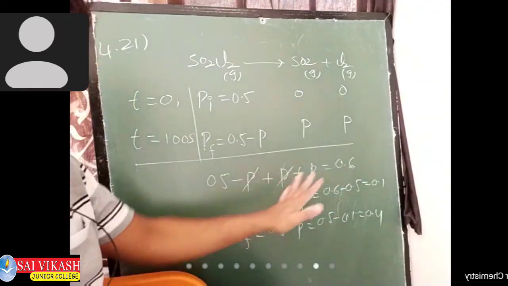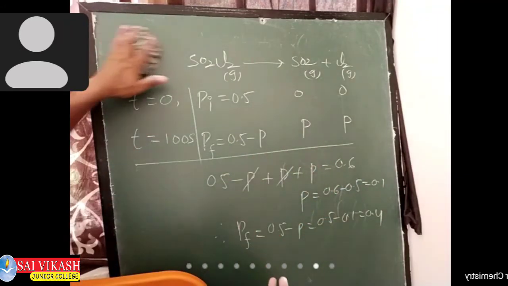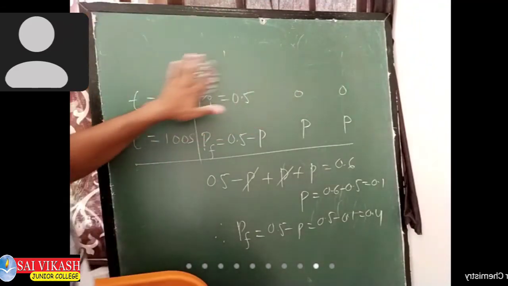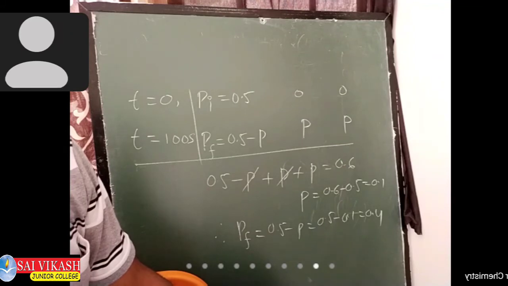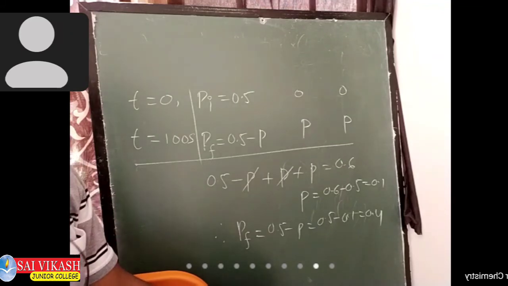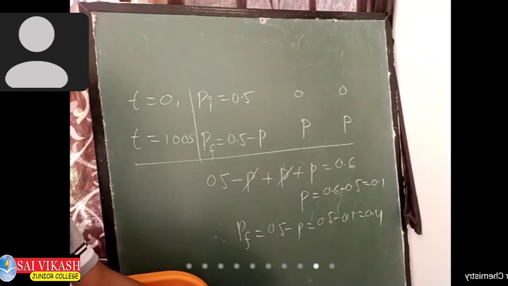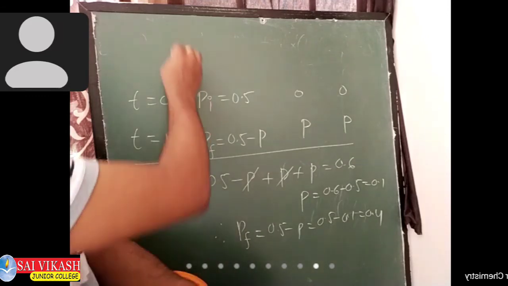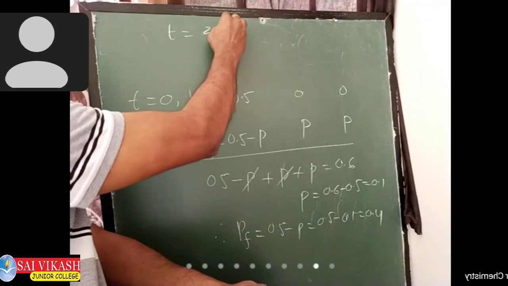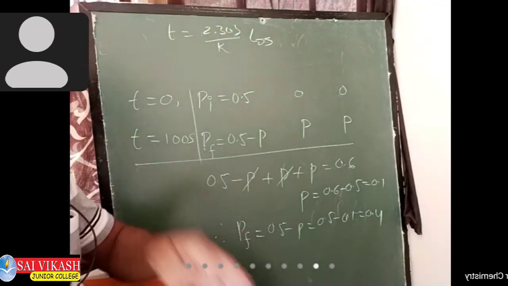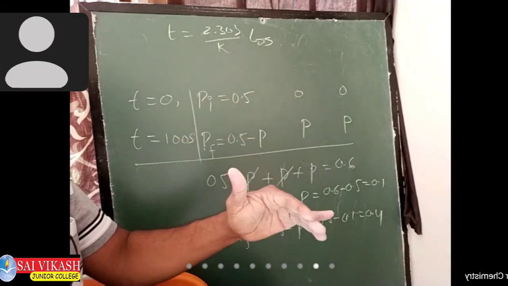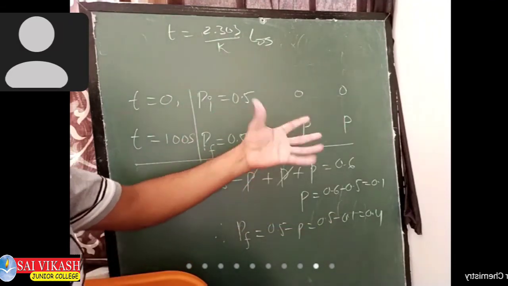Now you can apply the first integrated rate equation. You can use the first order equation, because in the question itself they have given first order. So find out the value now. What will the formula be? T equal to 2.303 by K log of, generally you write A by A minus X, but they are not concentrations.